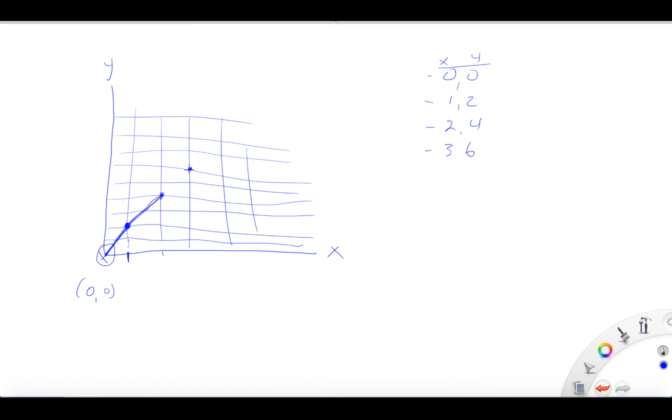So all you're doing is charting these on a graph, and I want to see these points charted. You don't have to draw a line through them. All I need to see is the points, just like this. And if we kept going up, it would be up here. 1, 2, 3, 4, 5, 6. Okay, so pretty easy doing that.